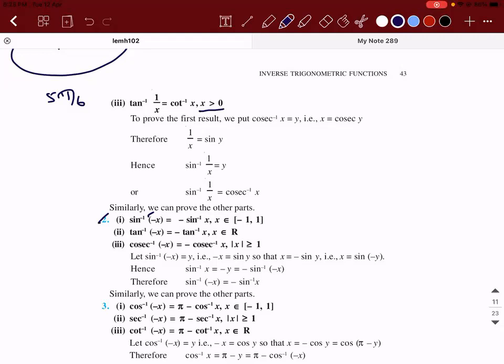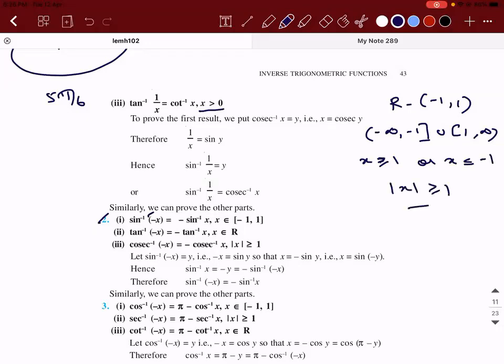So same thing, look at the way they are presented. R minus of minus 1 to 1, minus infinity to minus 1, union 1 to infinity, x greater than or equal to 1, or x less than or equal to minus 1, or mod x is greater than or equal to 1.